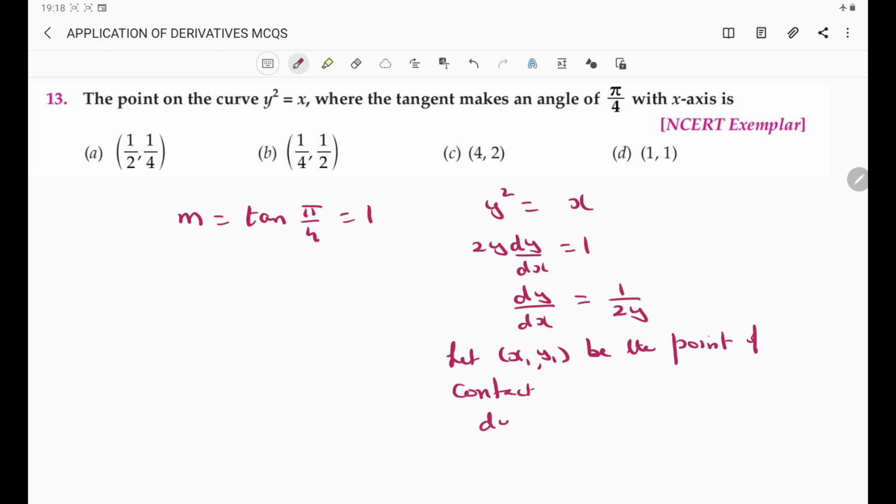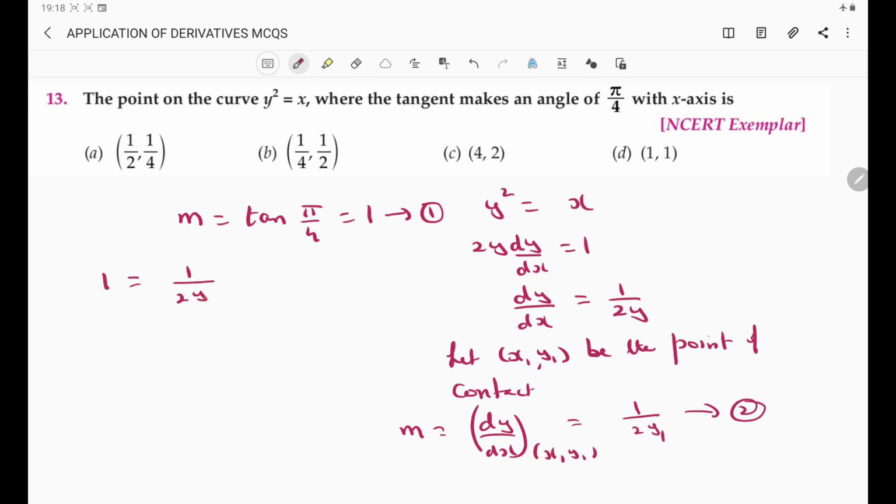So dy/dx at (x1, y1) is nothing but the slope, which is equal to 1 by 2y1, and from the geometry m is equal to tan pi/4, that's equal to 1. Therefore, from 1 and 2 we can write 1 is equal to 1 by 2y1, or y1 equal to half.